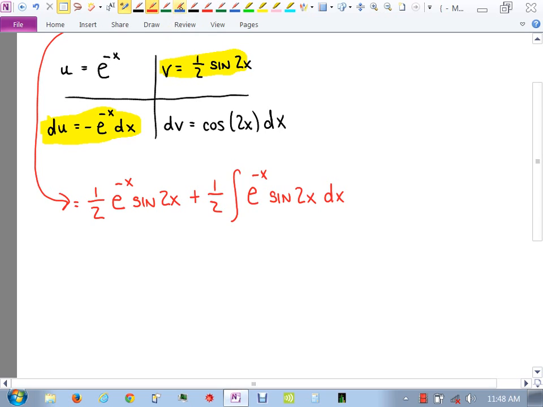I'm going to do integration by parts one more time. I'm going to choose my U to be the same thing it just was, which was the e to the negative x. And I'll choose my dV to be what was left, which was the sine 2x dx, right?